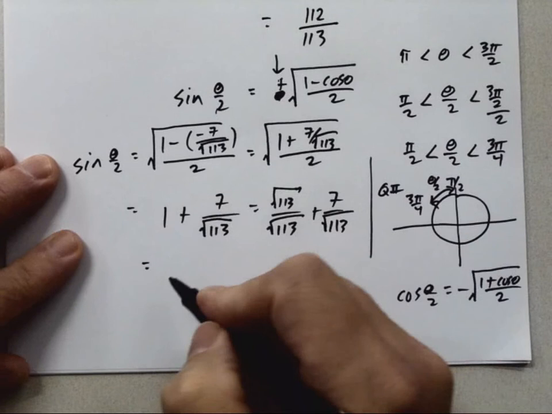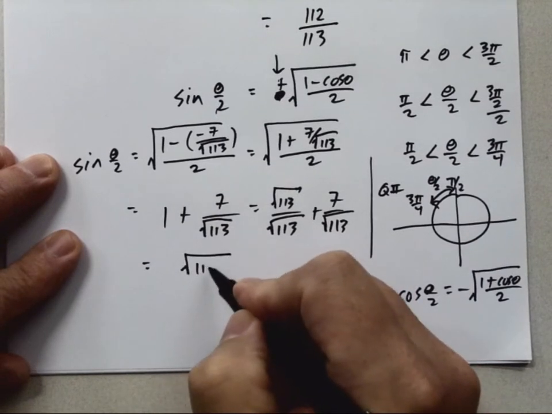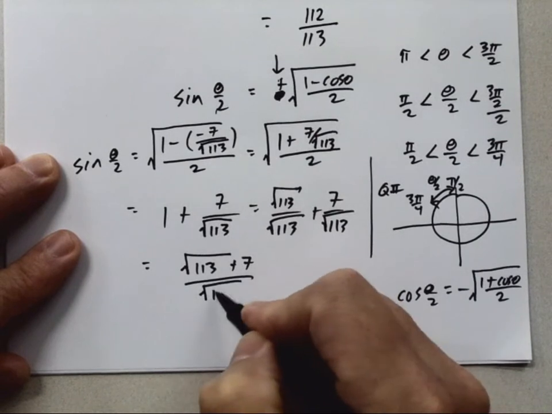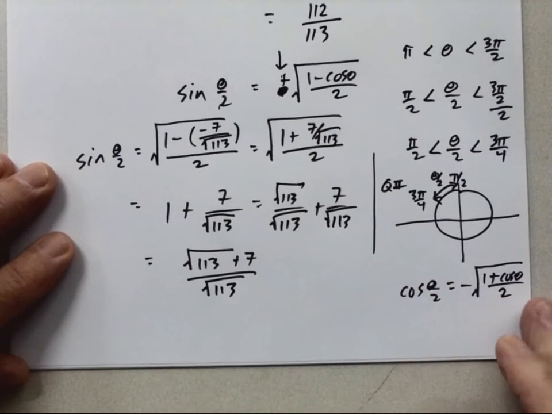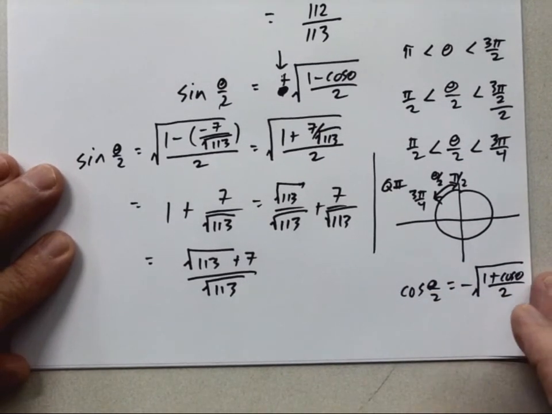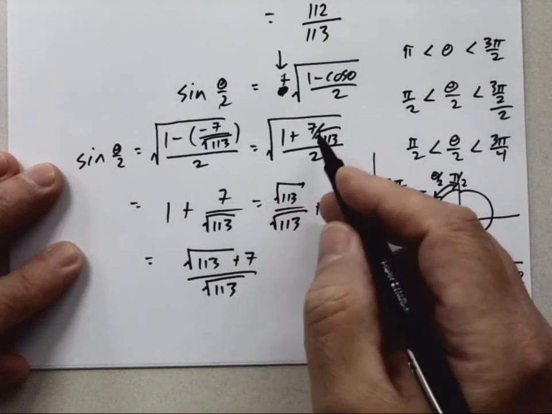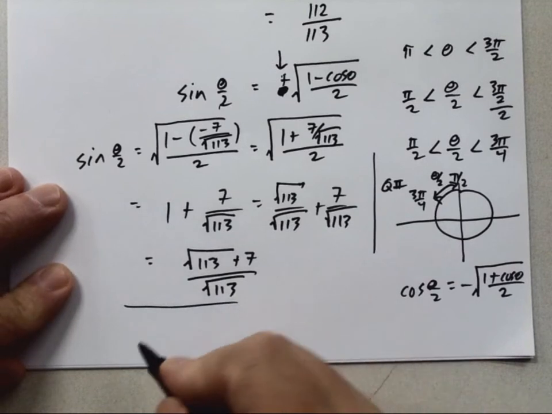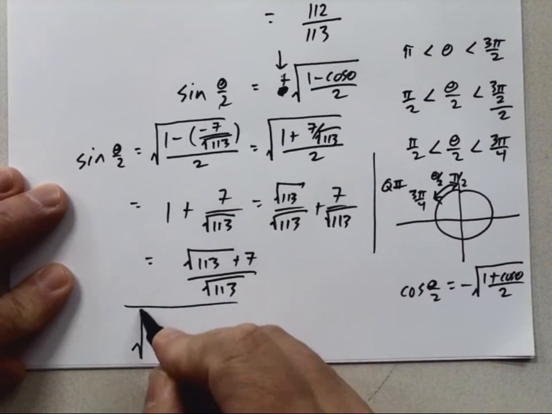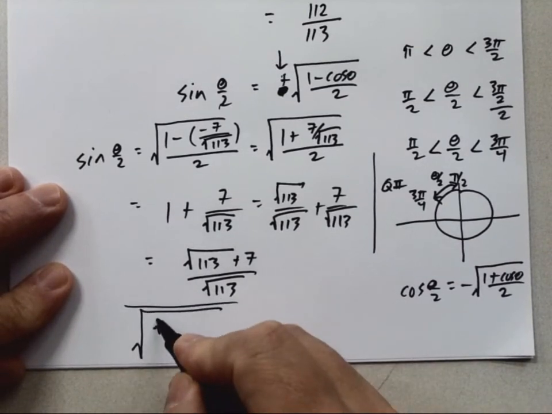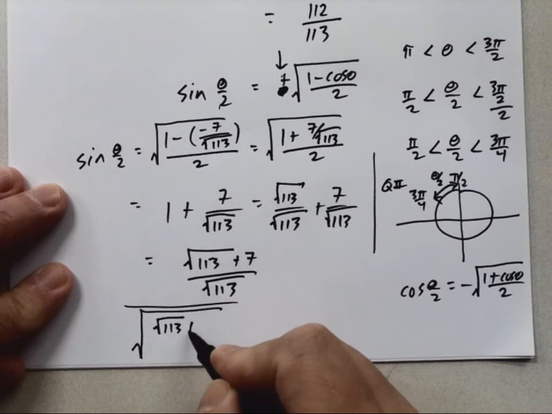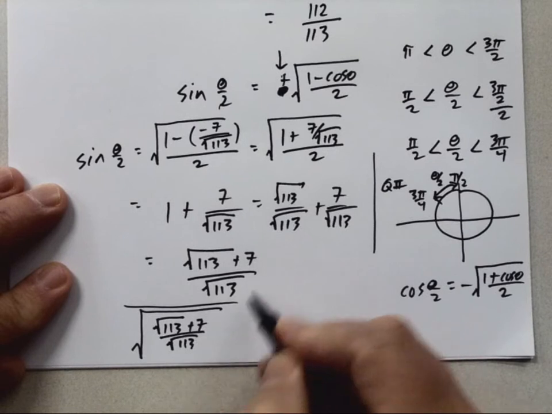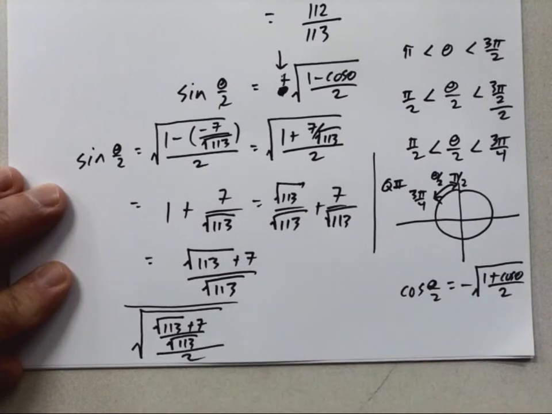So when it's all said and done, this is the fraction I have. So this whole thing becomes square root of 113 plus 7 over square root of 113, all over 2.